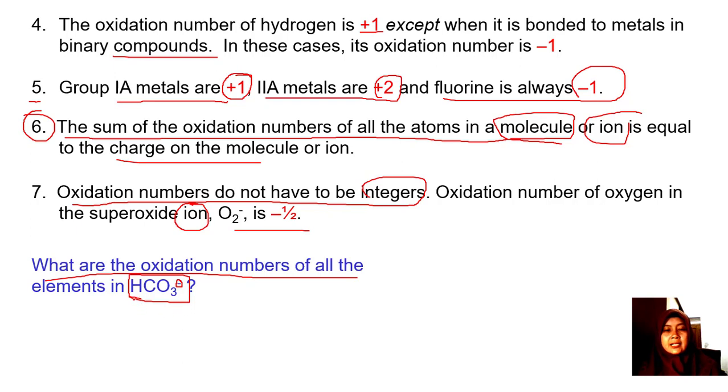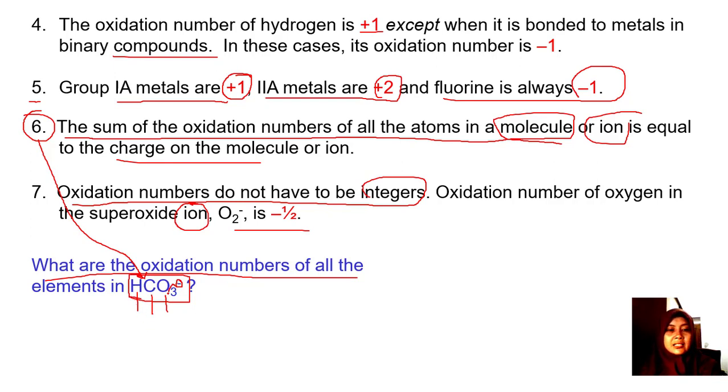Now let's see, in this ion I have 1, 2, and 3 elements. Because I have 3 elements, I have to identify 3 oxidation numbers. Referring to rule number 6, the total oxidation number of hydrogen, carbon, and oxygen.